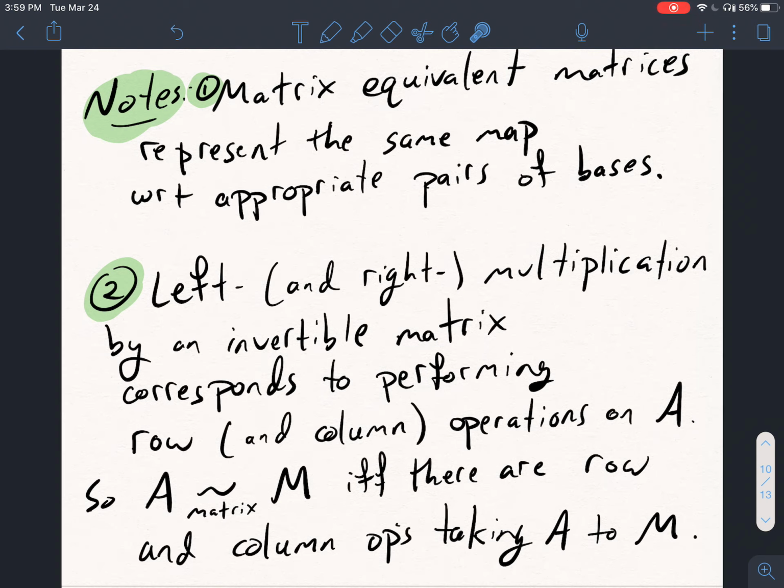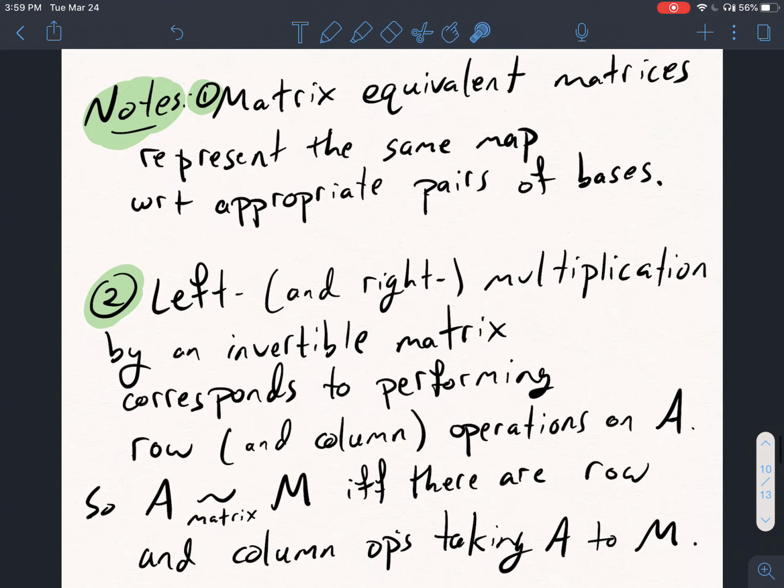We didn't talk as much, but we sort of hinted at, that all of the stuff that we talked about with left multiplication corresponding to row operations carries over to right multiplication corresponding to column operations. So right multiplication by invertible matrices also corresponds to column operations.